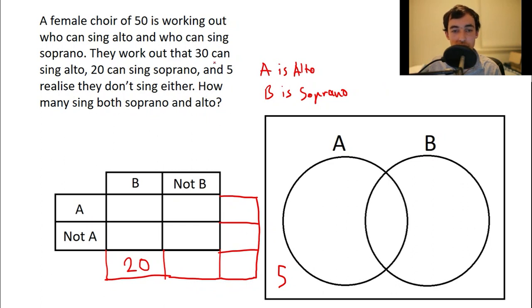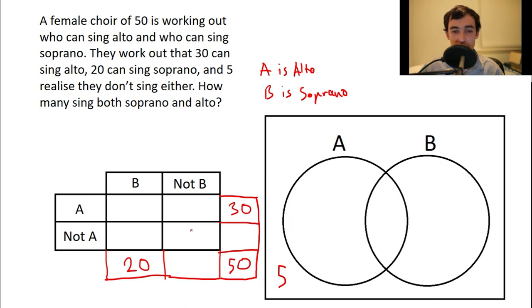Okay, so we can also put this 30 in here because 30 can sing alto and A is alto. So these two are going to add up to 30. And finally, we can put 50 in here, and that's the total of everything. So these two numbers have to add up to 50.